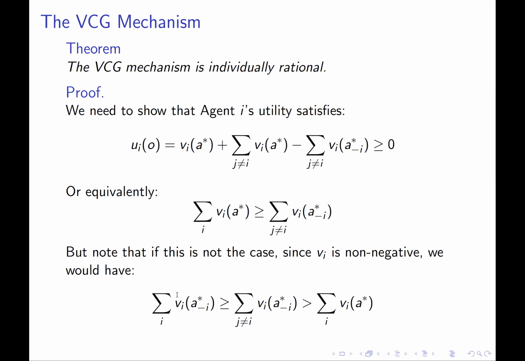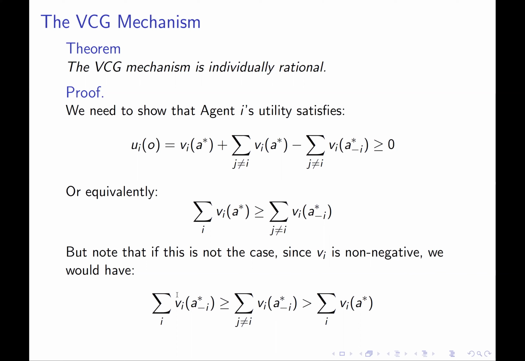And that would have gotten some social welfare, right? The sum over all of the players of their value for the alternative A star minus i. And this is only larger than the sum of the values of all of the players other than player i for this chosen alternative, because in the worst case, right, player i had utility 0 for this alternative.